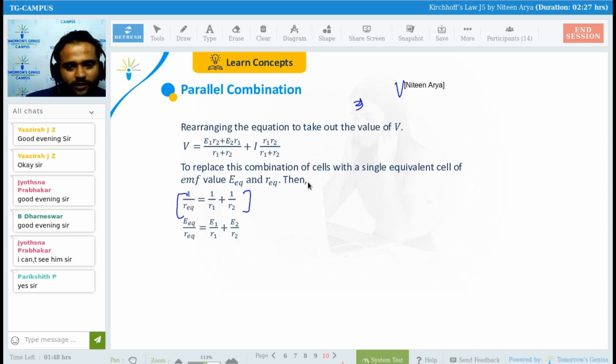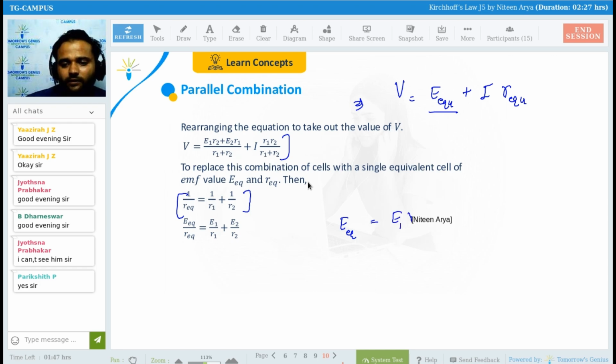This is your total voltage. So it is going to be E equivalent plus I R equivalent. If you find this R equivalent, automatically you get this. And if you find this E equivalent, E equivalent becomes E1 R2 plus E2 R1 divided by R1 plus R2.